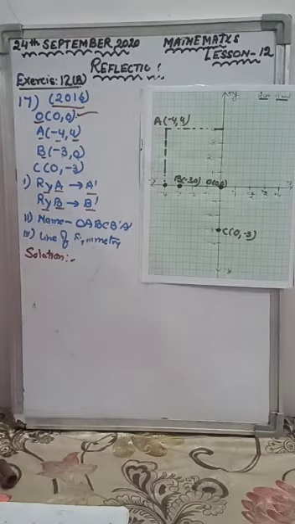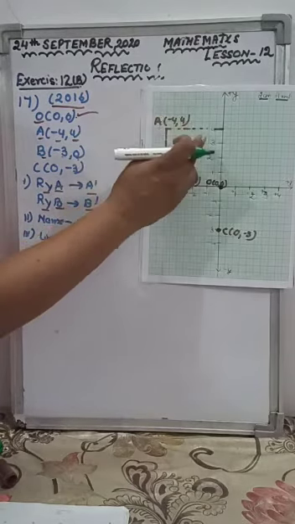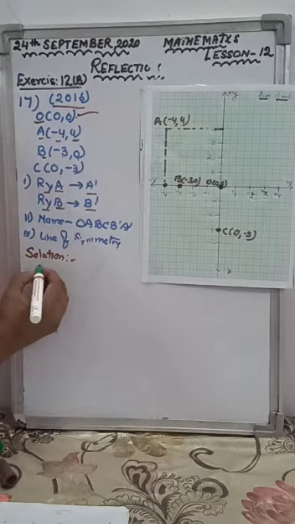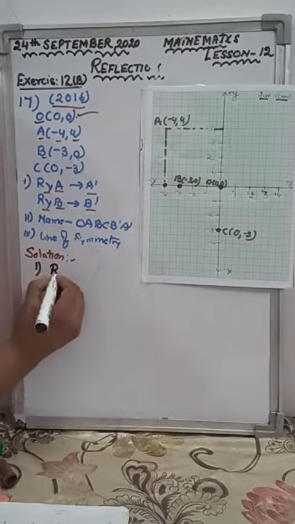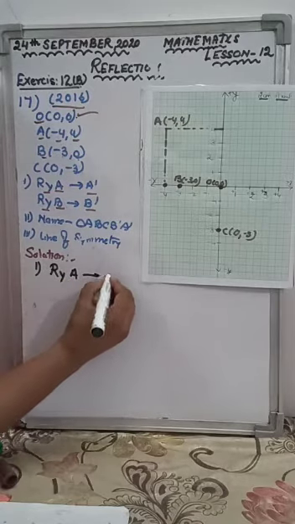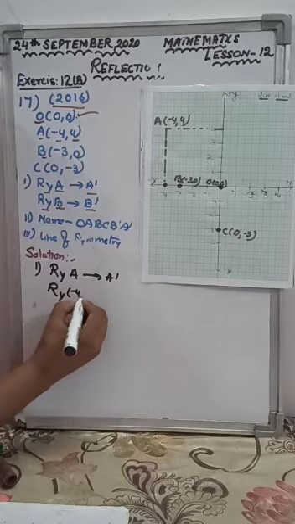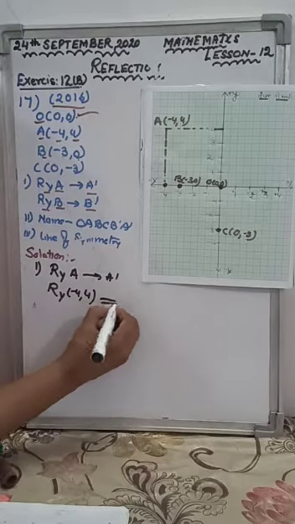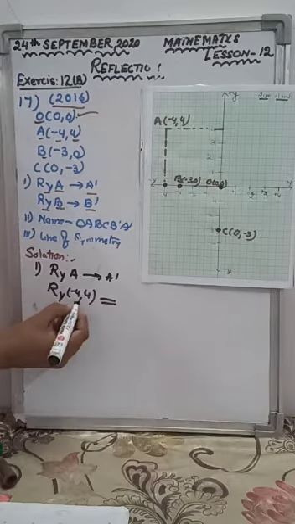So first of all, let us do the reflection of point A. A is -4, 4. We have to do the reflection on the y-axis. Clear? So point coordinates are -4, 4. So whenever the reflection takes place in the y-axis, the abscissa sign will change.